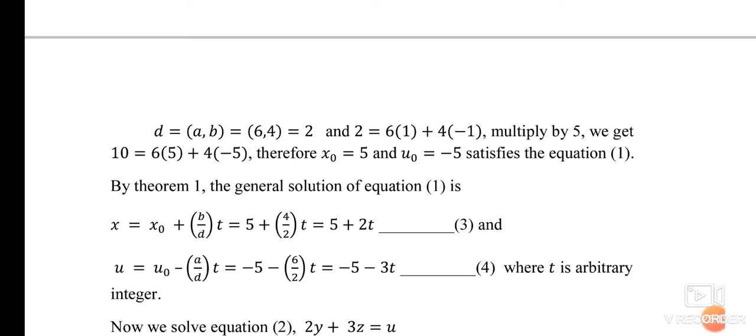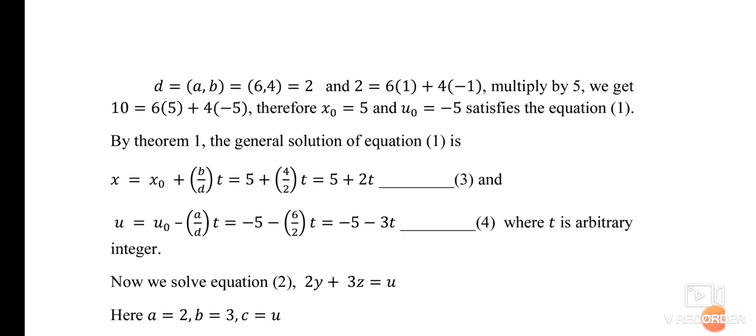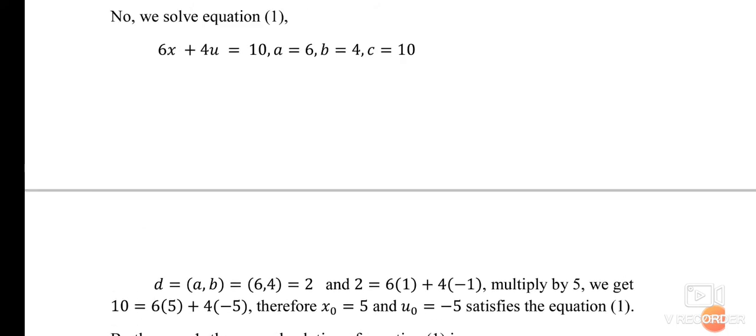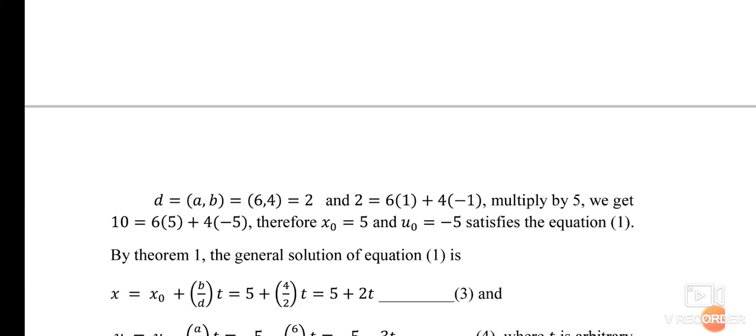Okay. So, now we know one solution. The solution we need is x, y, z, we have x. So, now we have to find out what is y and z value. To find out y and z, come to equation 2, 2y plus 3z equal to u.